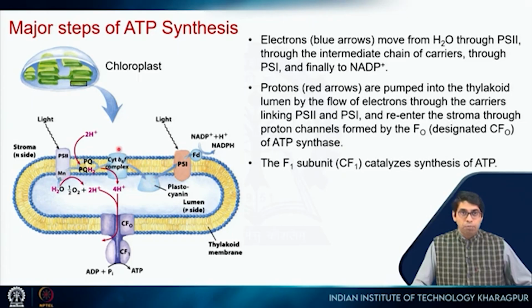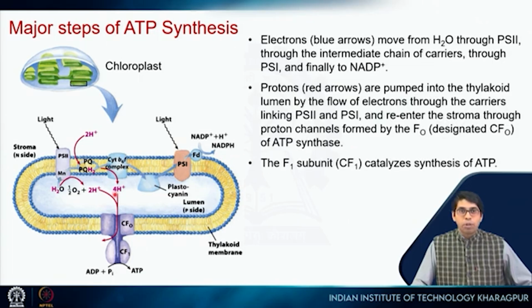While this happens, protons are pumped in this direction, right? So protons are pumped into the thylakoid lumen by the flow of electrons through the carriers linking photosystem 2 and photosystem 1. So this is photosystem 2, this is photosystem 1, and in between there is this cytochrome B6F. So electron flows through this, and while this happens, protons are pumped into the lumen of the thylakoid.